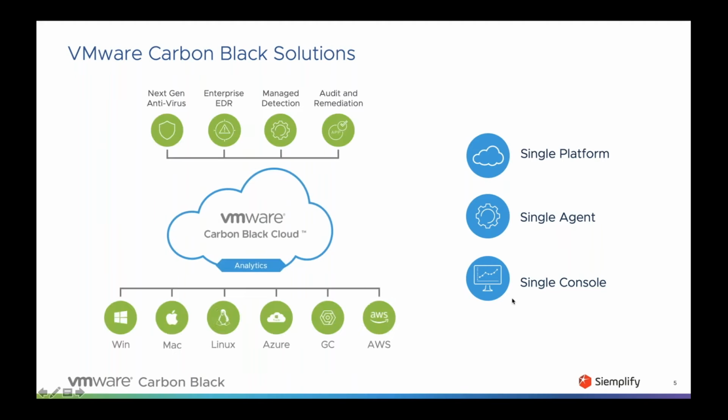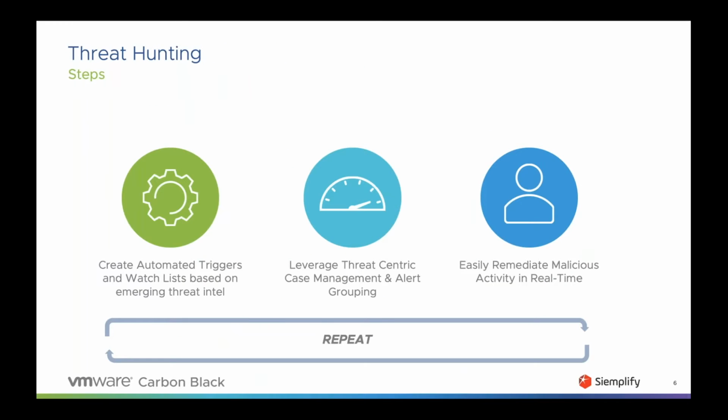First, a little bit about what VMware Carbon Black Cloud is. The key point is that it is a single cloud platform, a single agent, and one console to view for 4 different products. That's going to be your next-gen AV, your enterprise EDR, managed detection, and audit and remediation.